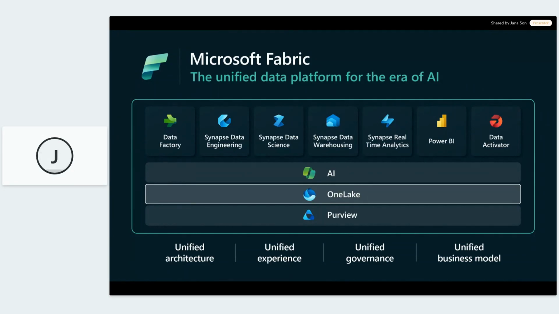So we also have Fabric Spark here. We have data science again covered, Fabric warehousing, real-time analytics and real-time intelligence, Power BI, and something new in the Microsoft data platform stack is Data Activator.